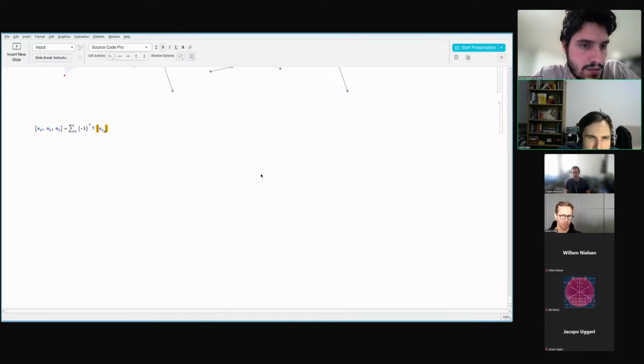This is actually an anti-symmetrization of the ternary insertion operator. And now I have to explain what the ternary insertion operator exactly is.